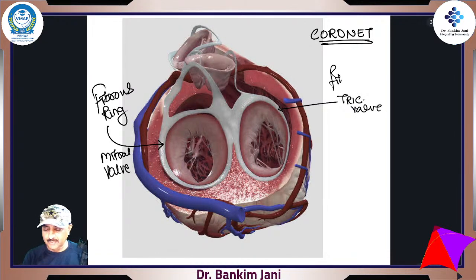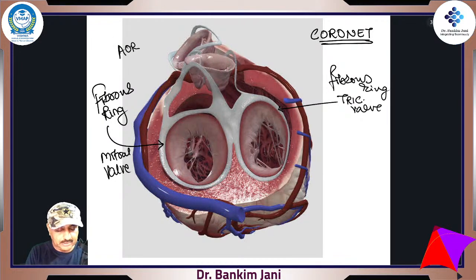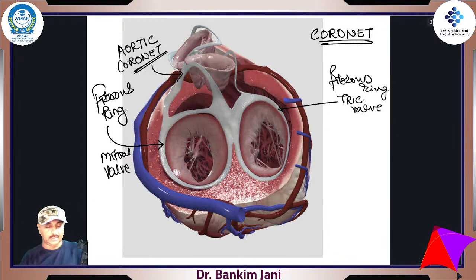And the rest of the structure collectively, around the aorta, is called the aortic coronet. And similarly, this is what we saw, the fibrous ring of the tricuspid valve, which we have already seen.